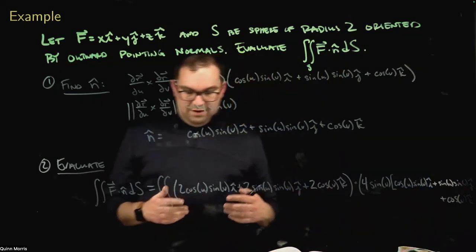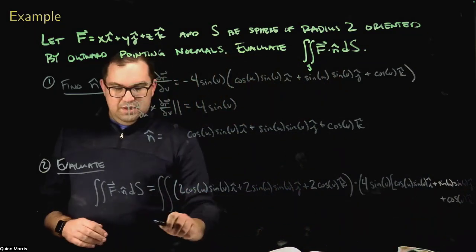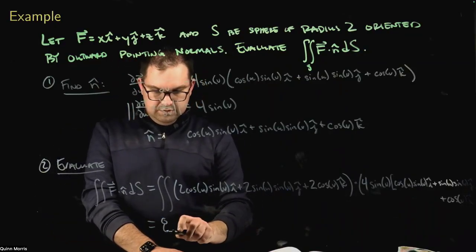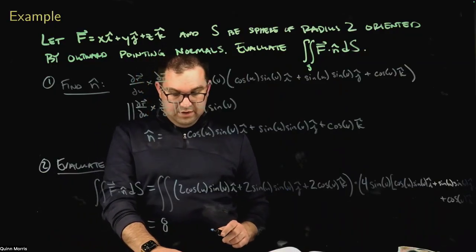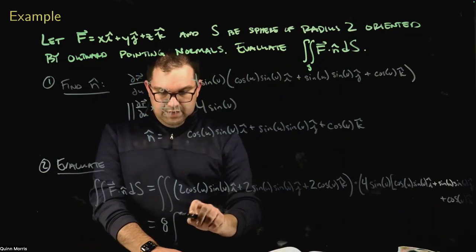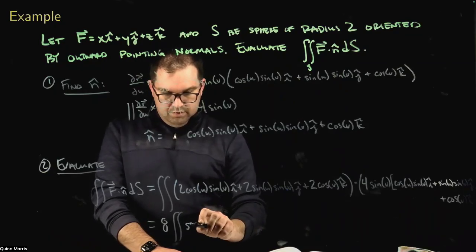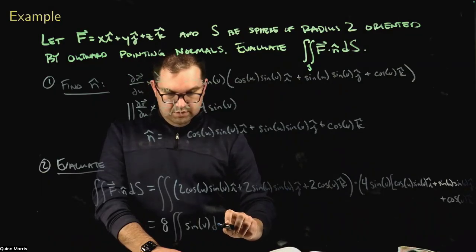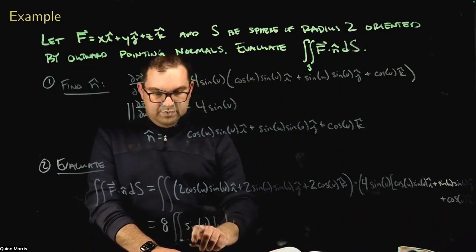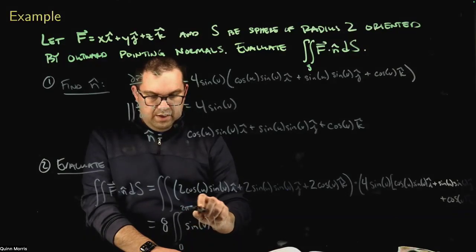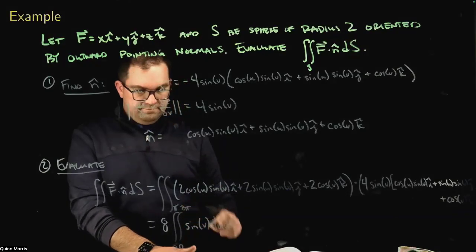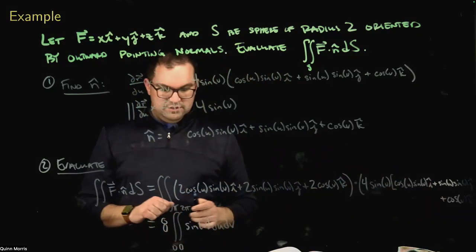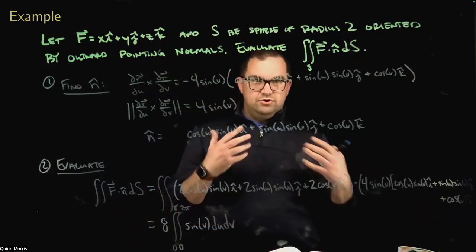To save a little time, if you write all of that out, you'll get a constant of 8 that comes out front, and then a double integral of sine of v du dv. Of course, we're integrating over u from 0 to 2 pi and v from 0 to pi. Once you collapse it down, it should collapse down to sine of v. Check that out; you should be able to work that out.